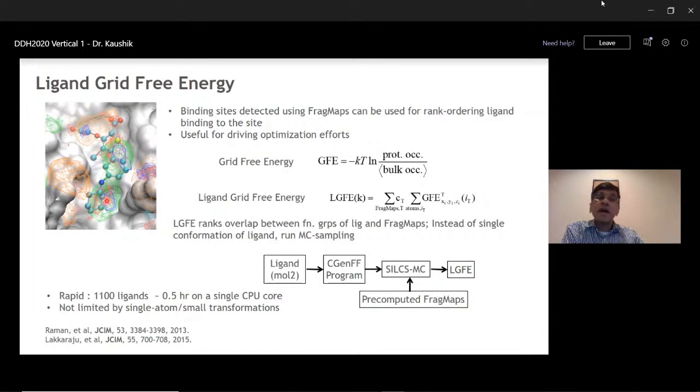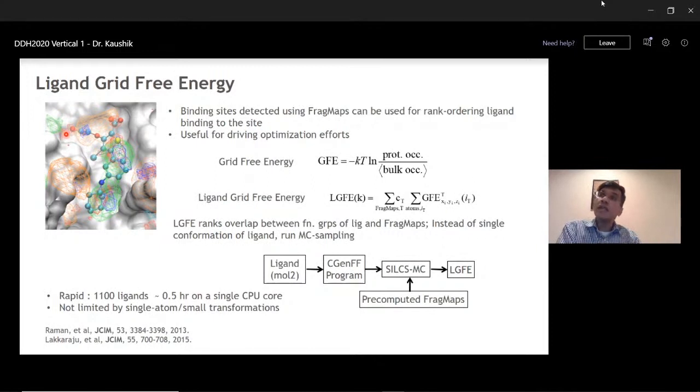Now when you bring back your ligand of interest into that site, you can quantify how good an overlap exists between the different functional groups in your ligand and the corresponding frag map types that have been pre-computed from a SILCS simulation.